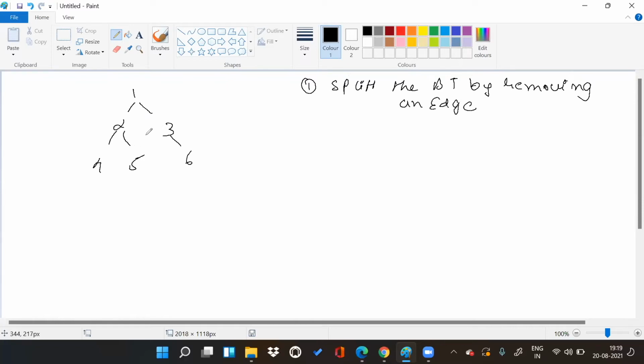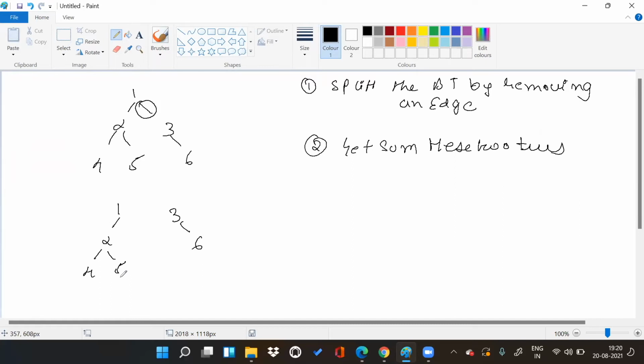So let's suppose we are removing this particular edge. Our binary tree would now have two subtrees that would look something like this.